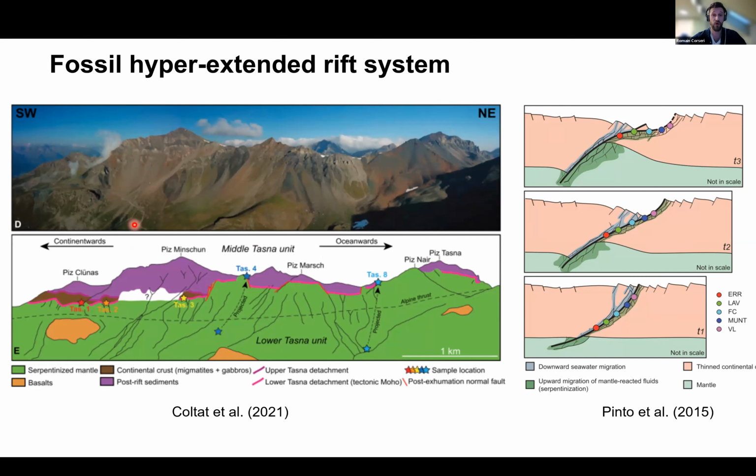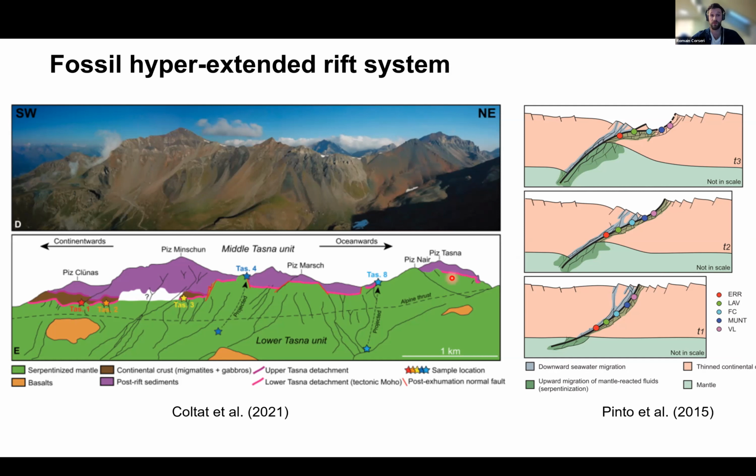And we can find clues of this serpentinized mantle in fossil hyperextended systems. Here, this is a picture from Colta et al. This is an obducted system in the Pyrenees, and geologists have been sampling and could track the remnants of residual fluid from serpentinization up in the crust and along the detachment fault that you can see here to the right.